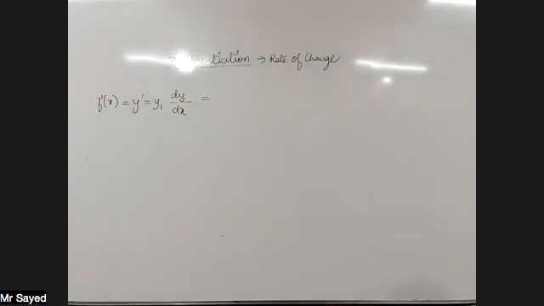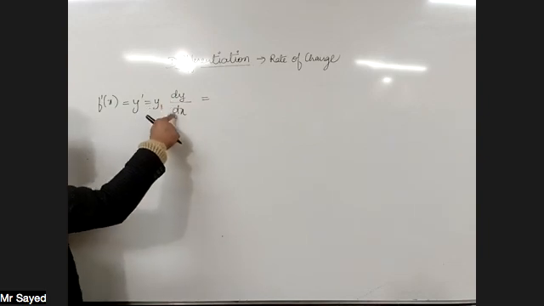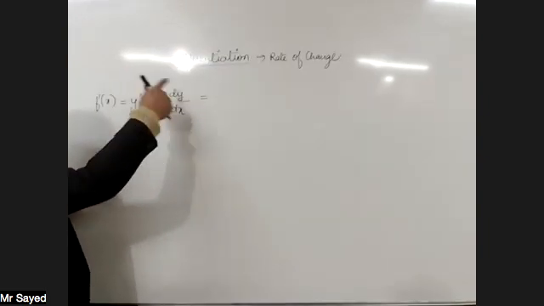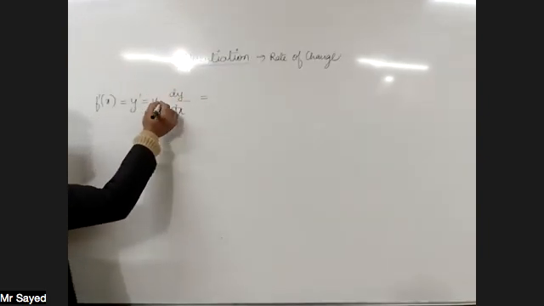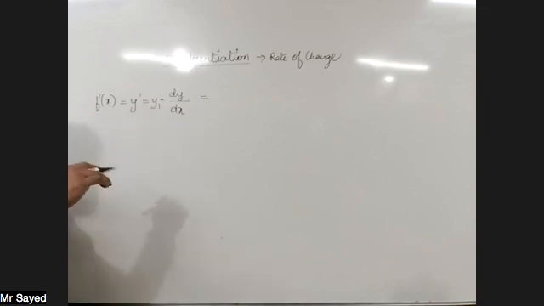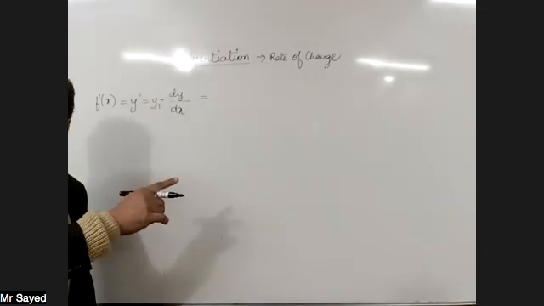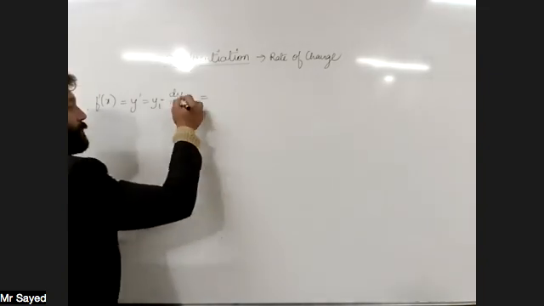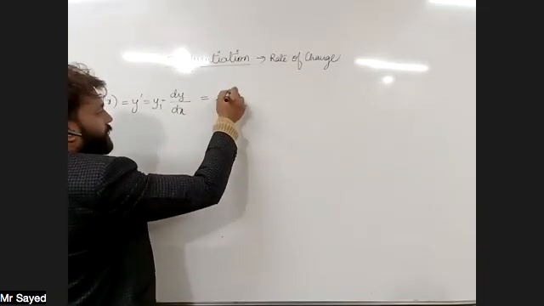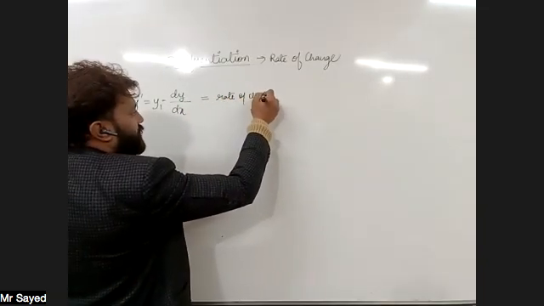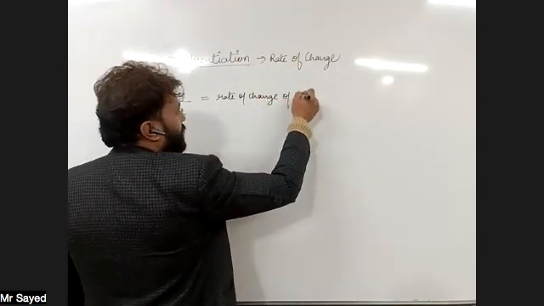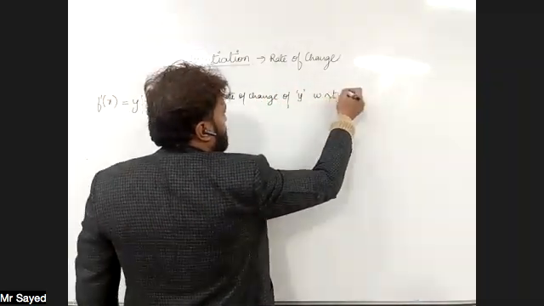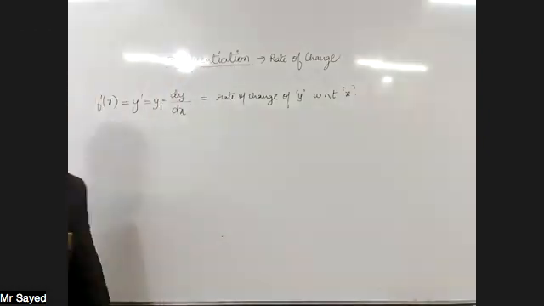So these are the various symbols of differentiation. This is read as d upon dx of y, but normally it is called dy upon dx. We read it like this, although it is d upon dx of y. So d upon dx of y means rate of change of y with respect to x.